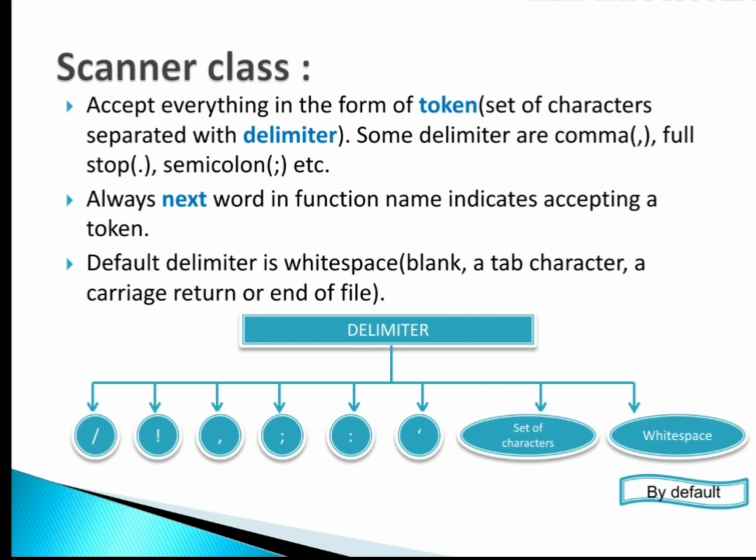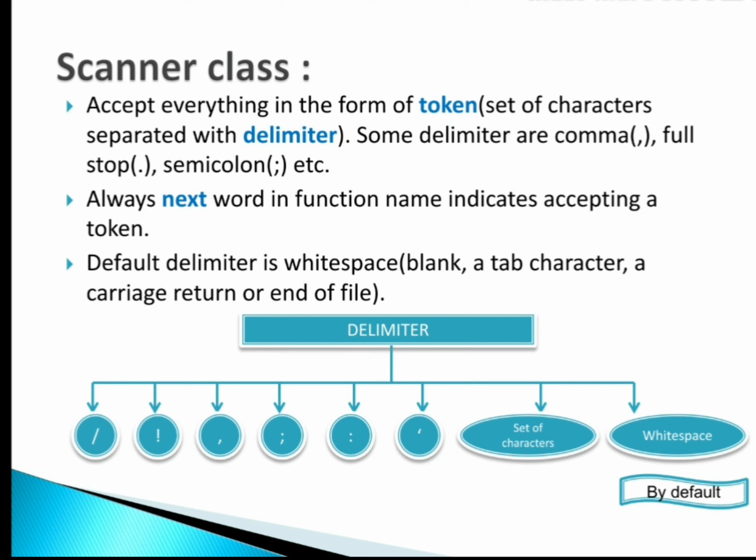By reading character by character and concatenating it till the space comes. That is a word. The same way Scanner does, it accepts character by character till space comes. The set of characters is a token and space is the default delimiter.